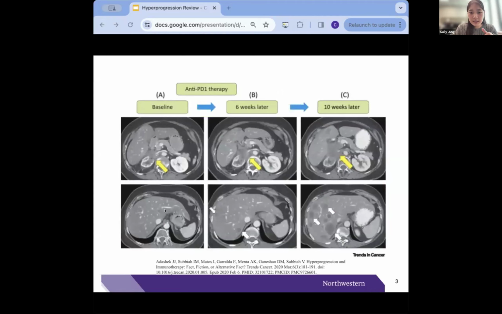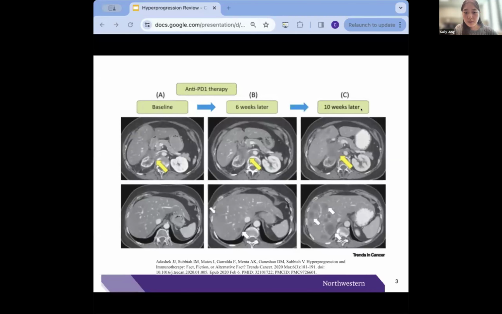A baseline scan before treatment with nivolumab demonstrated an infiltrative retroperitoneal mass involving her right kidney and renal vessels. And then 6 weeks later, they did scanning again, after nivolumab therapy, and it demonstrated an increase in the retroperitoneal mass, and some new hepatic metastases.